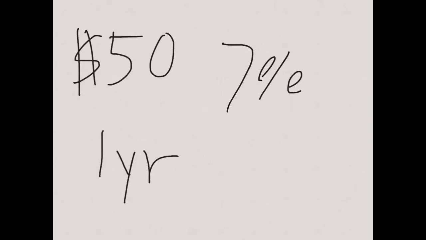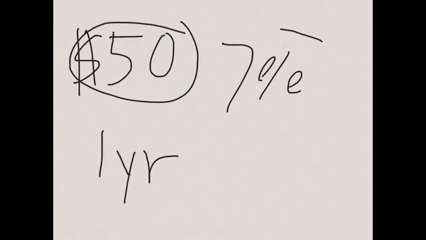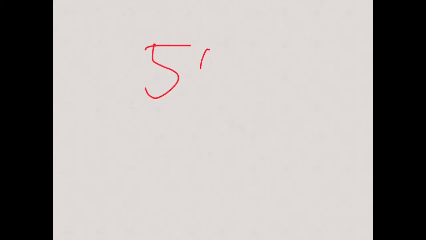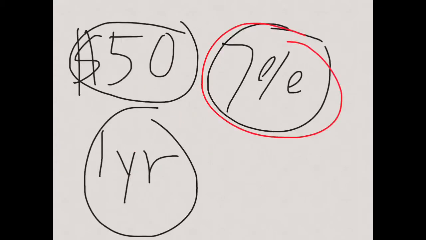If you're going to pay 7% for 1 year, and it's not stated that you're going to pay it sooner than 1 year, then it's 1 year. So what you're going to pay is the whole 7%. So all you have to do is find 7%, which is 0.07, of 50.